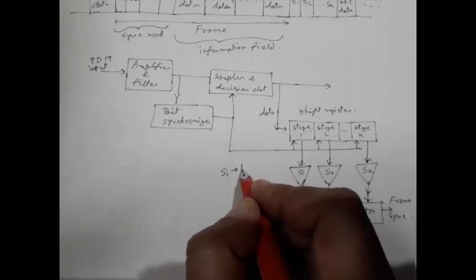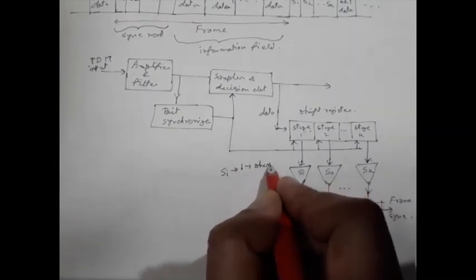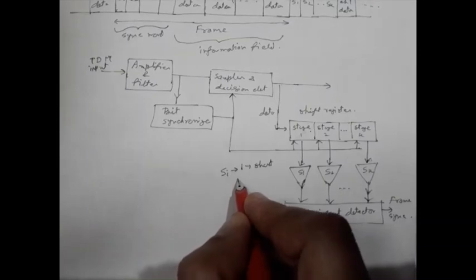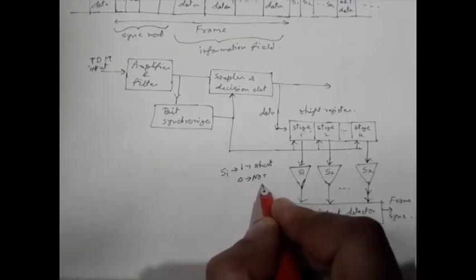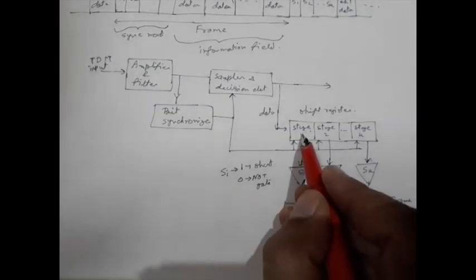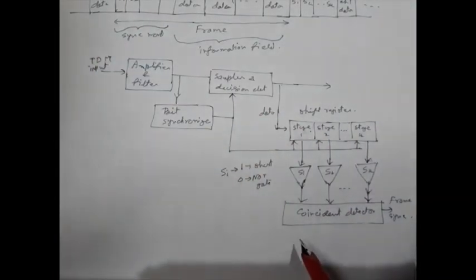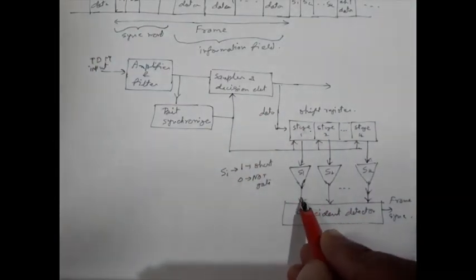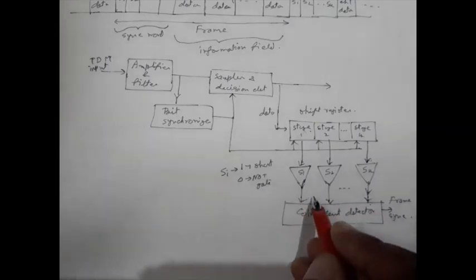If it is 1, then it will simply be a short, and if it is 0, then it will be a NOT gate. That means when all the stages are filled up with exactly this sync word, all the inputs to this coincident detector will be 1.